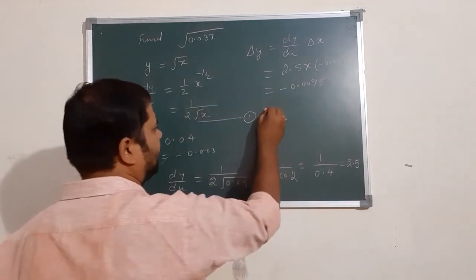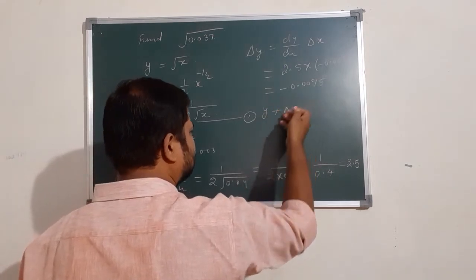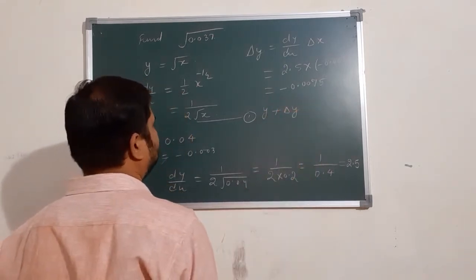Now y plus delta y is f of x plus delta x. So what is y plus delta y?